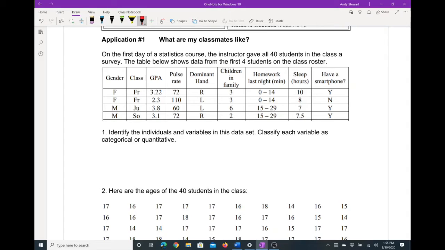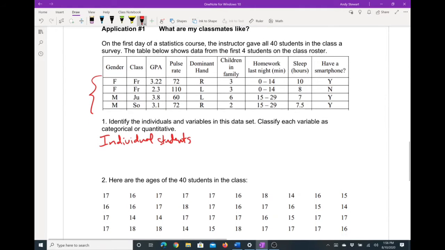Okay, so we said these are the individuals here. The individuals are the students in the class. Individual students. And the variables are these different traits that they have.